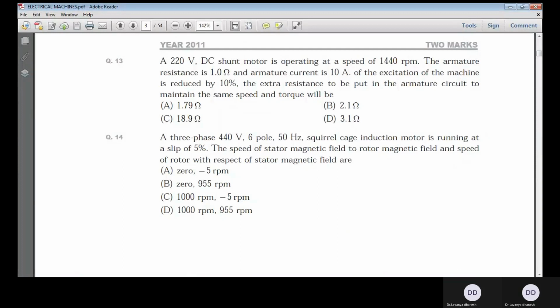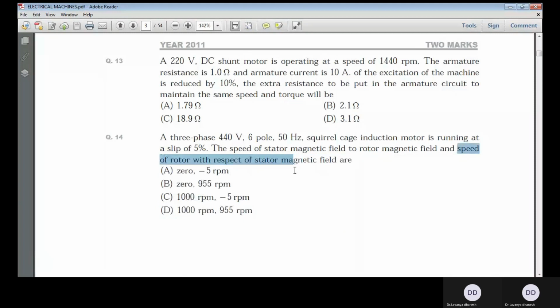What is it? The steady state synchronism. So steady state conditions. The field of the rotor with respect to the stator field will be zero.